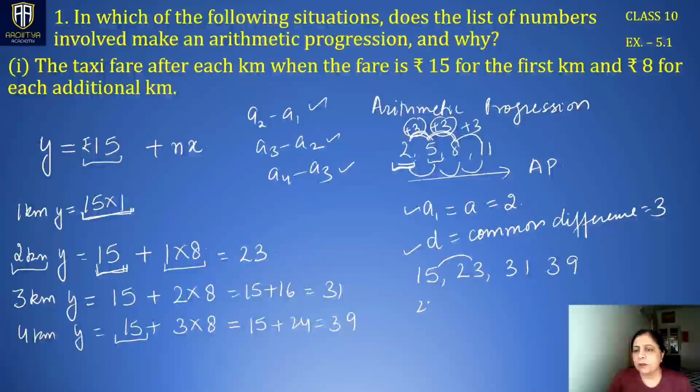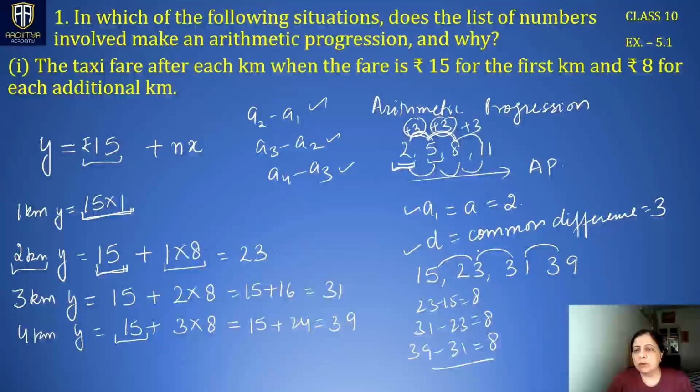23 minus 15 is 8. Then 31 minus 23. This is also 8. Then we have 39 minus 31, which is also 8. So you can see that according to the conditions, first of all, we formed the sequence.